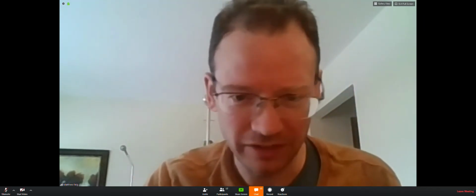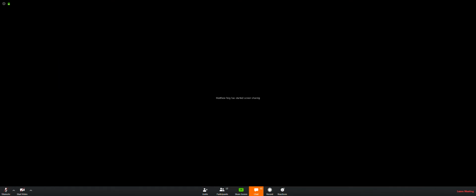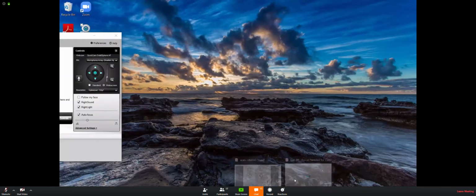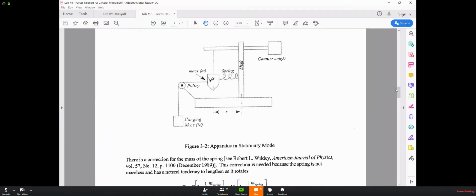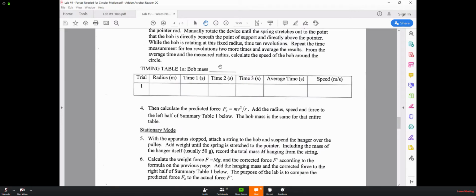Okay, what's the next thing to do in the data table? So let's see. Bob mass, radius, time 1, time 2, time 3, average time. So what's the speed? How far did the object travel in 7.177 seconds? It went 10 revolutions, right? One revolution is 2 pi r, and 10 of them is 10 times 2 pi r.